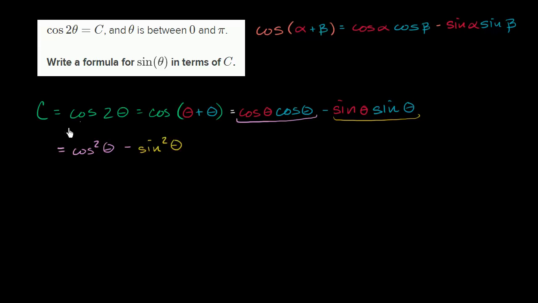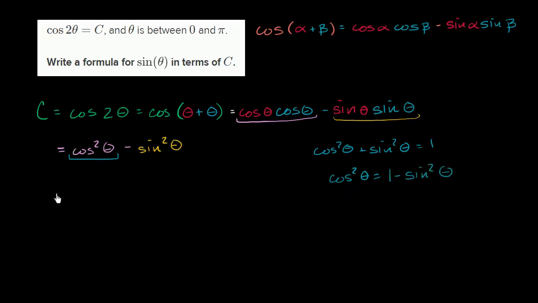So let's see. We've been able to rewrite c in terms of cosine squared theta and sine squared theta. But ideally, we just want to write it in terms of sine theta so that we can solve for sine theta. So if we can re-express cosine theta in terms of sine. Well, we already know from the Pythagorean identity that cosine squared theta plus sine squared theta is equal to 1. Or we could say that cosine squared theta is equal to, I'm just going to subtract sine squared from both sides, 1 minus sine squared theta.